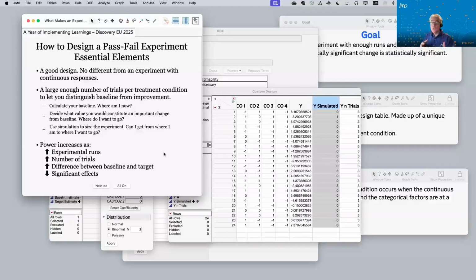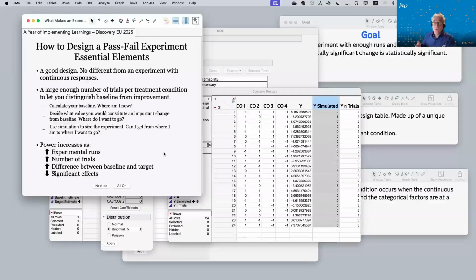Put those values in, simulate your responses, make sure you set your distribution to binomial, and set up your formula to be able to specify the size of the effects that are important, and then just run your one-click simulation to be able to estimate powers.